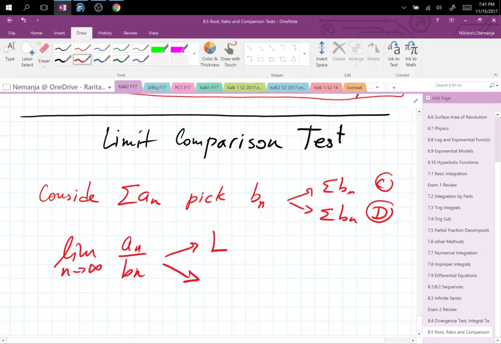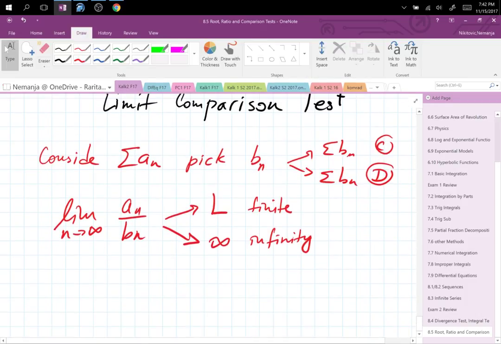It could be L, which is finite, or infinity. So now we have cases here.